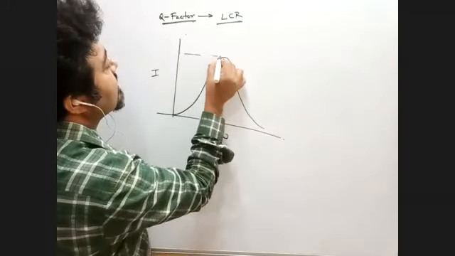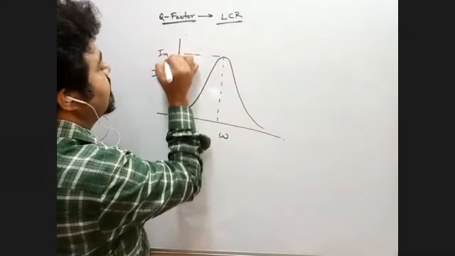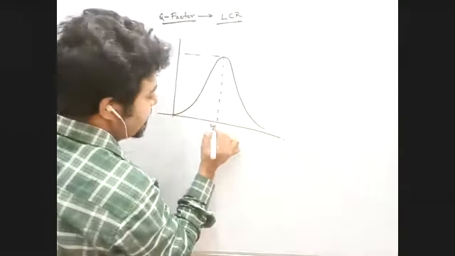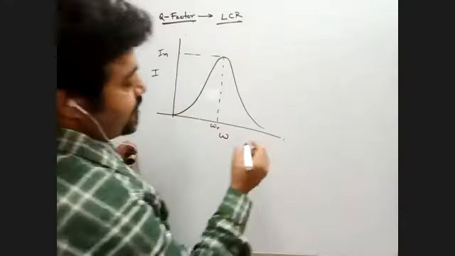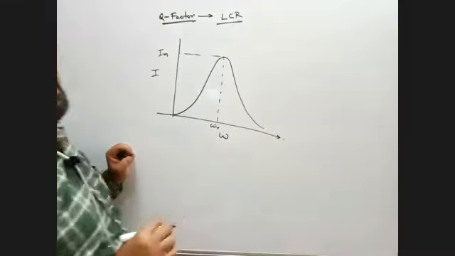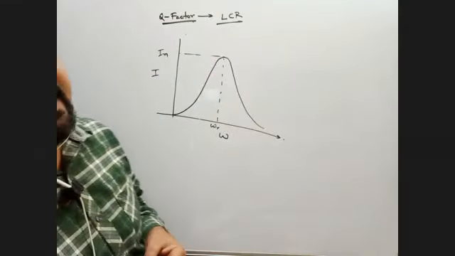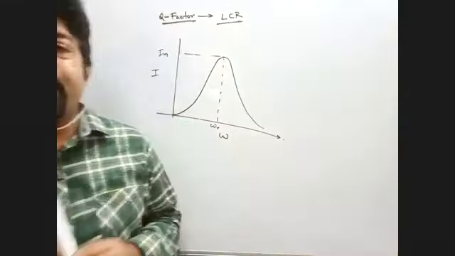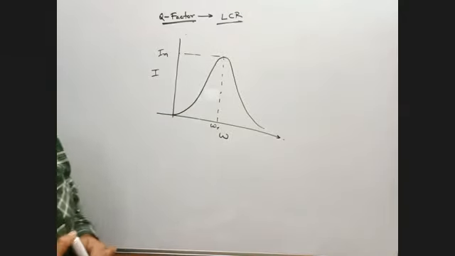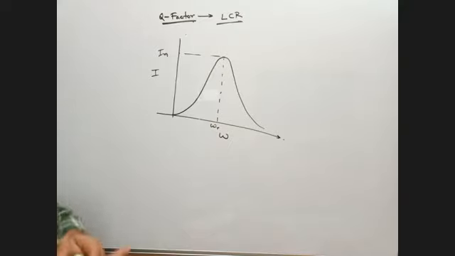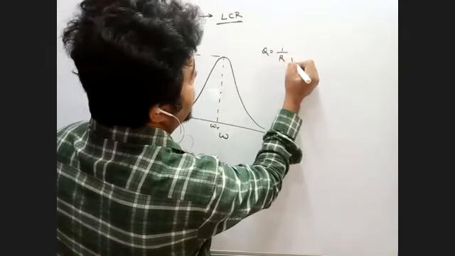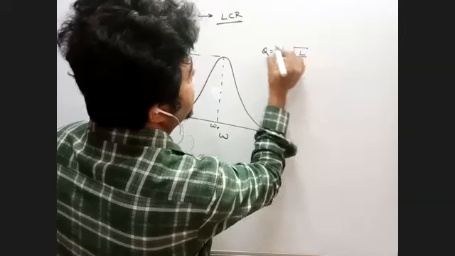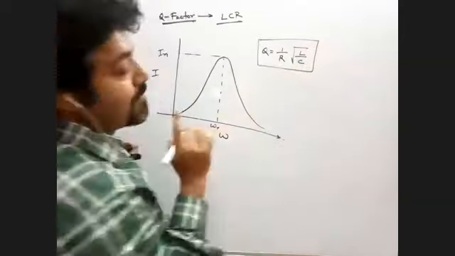This is the maximum value of current, and that is the resonating frequency. Now, what is Q factor? Q factor is a factor by using which you can check the sharpness of a given graph. Later on we will prove that the value of the Q factor is 1 by R root under L by C. That we have to prove.